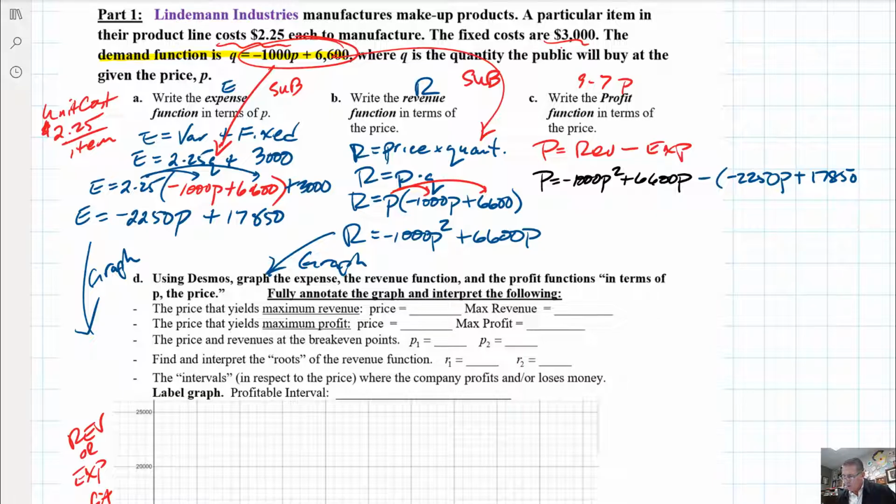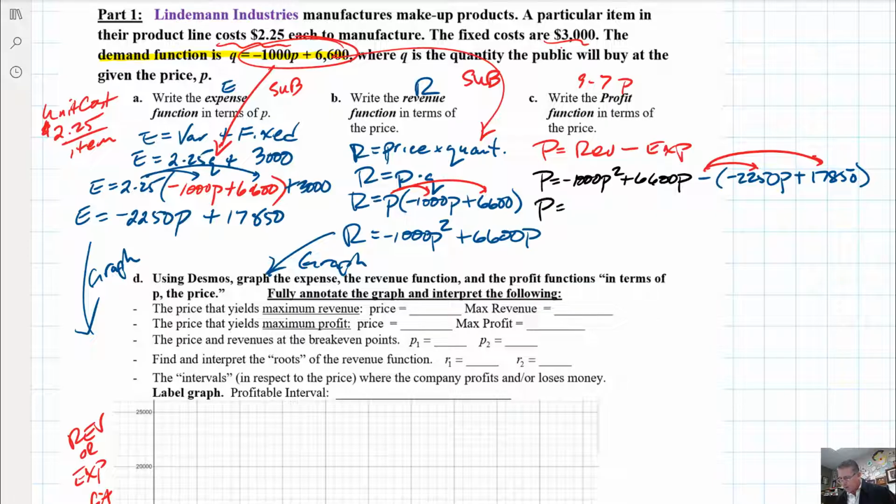Now make sure you use parentheses here, because when you subtract a function, you have to distribute through the minus sign. The most common mistake people make is that they don't do this and they get the incorrect result. So you have to distribute through.